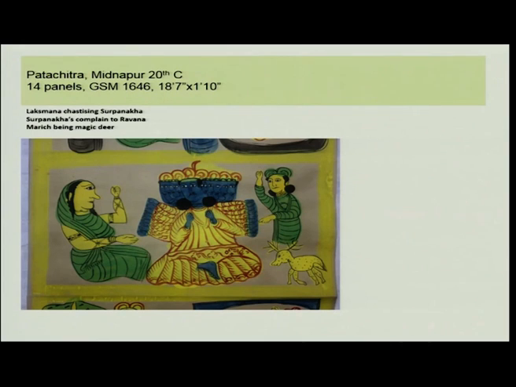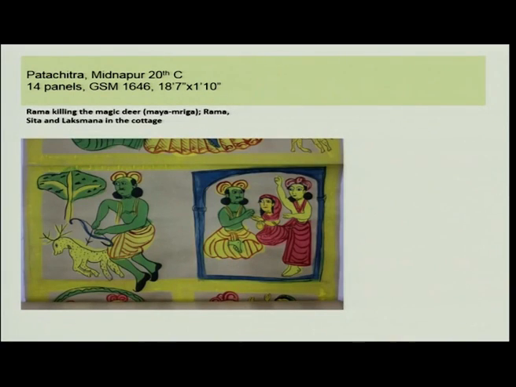Lakshmana chastising Shurpanakha. Shurpanakha's complaint to Ravana. Marich being the magic deer, that's at the right corner of the frame. So it's a demon in the disguise of the deer. Rama killing the magic deer, the Maya Mriga.